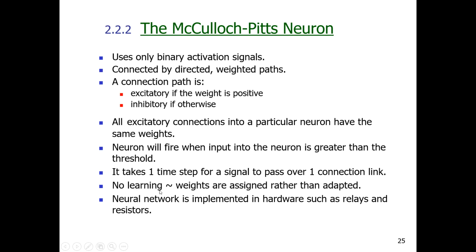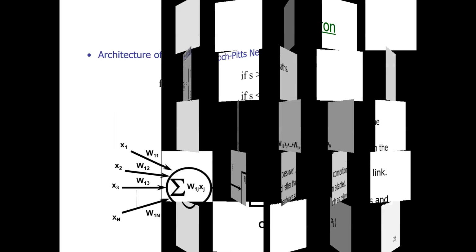There is no learning, so there's no learning rule or learning law. You have to set the weights in advance according to your data, which is a bit troublesome. In those days it was implemented in hardware such as relays, resistors, and potentiometers.